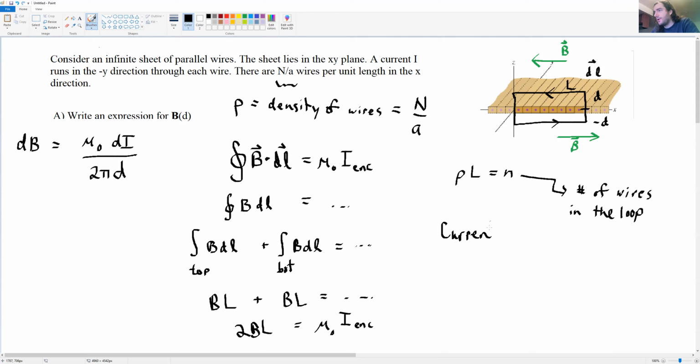So current per wire would be equal to the total current here divided by basically the total length of this sheet, but that doesn't really make much sense because the sheet is infinite.